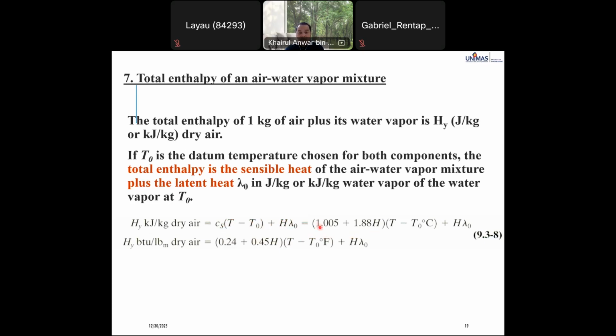That is equal to 1.005 plus 1.88 H, where H is humidity, times T minus the reference temperature, plus H lambda naught. This is for the SI unit. This is for the English unit.